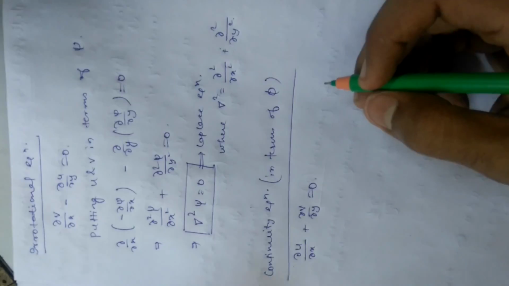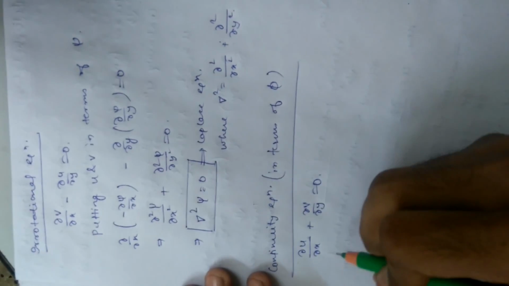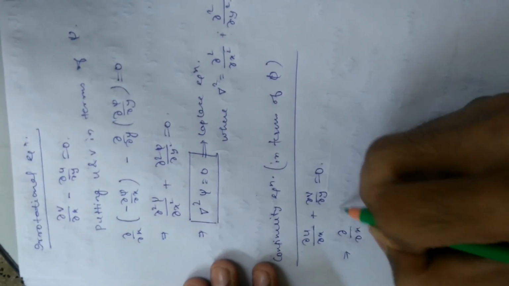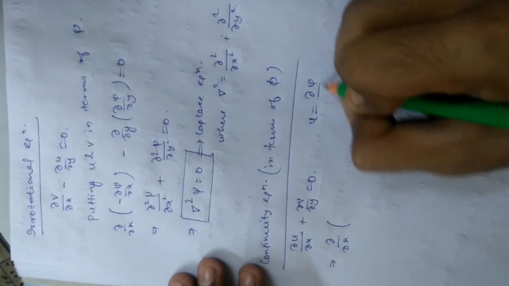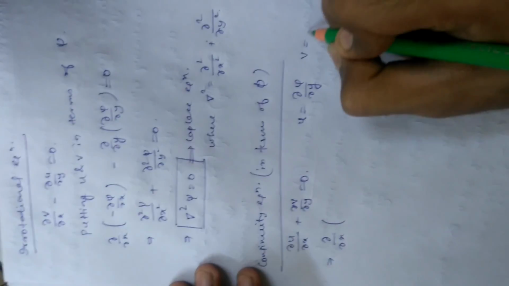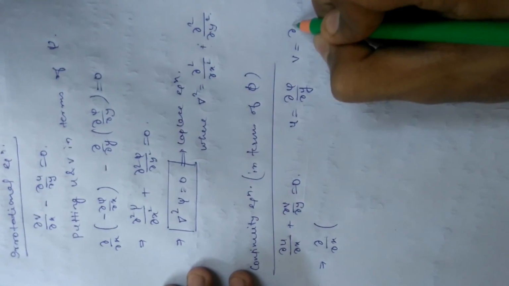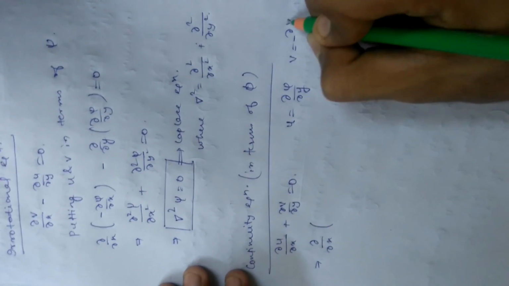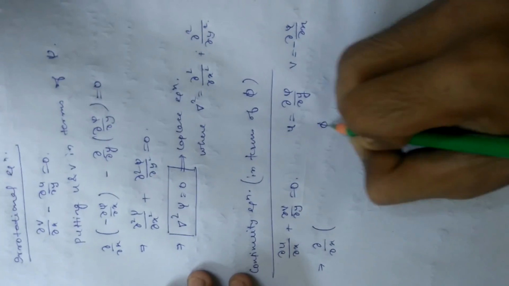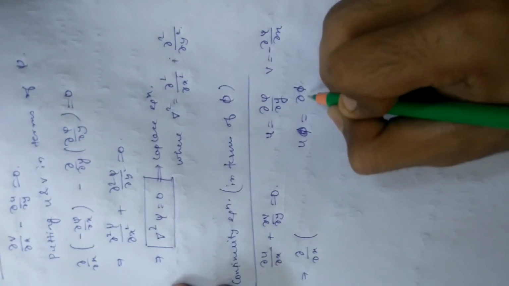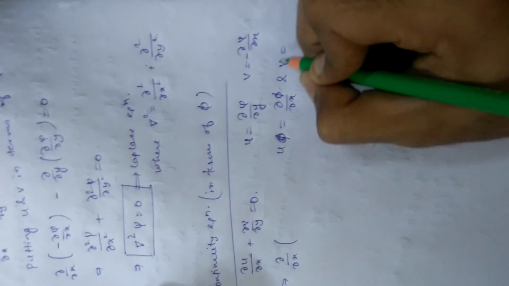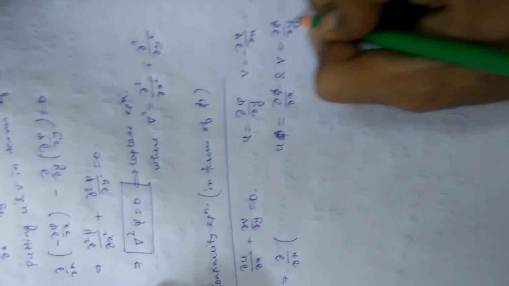We had u equals del psi upon del y, v equals minus del psi upon del x, and in terms of phi, u equals del phi upon del x and v equals del phi upon del y.